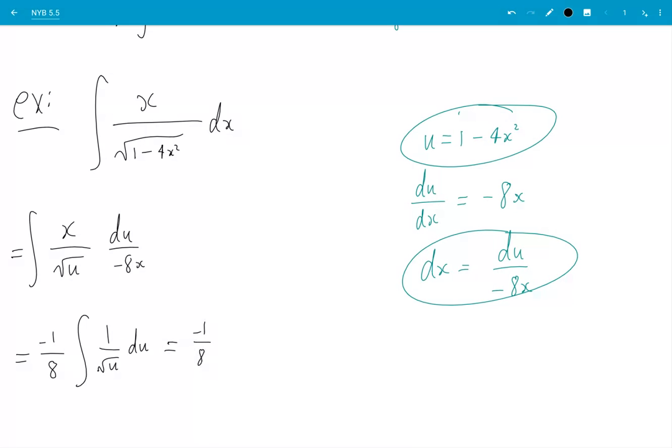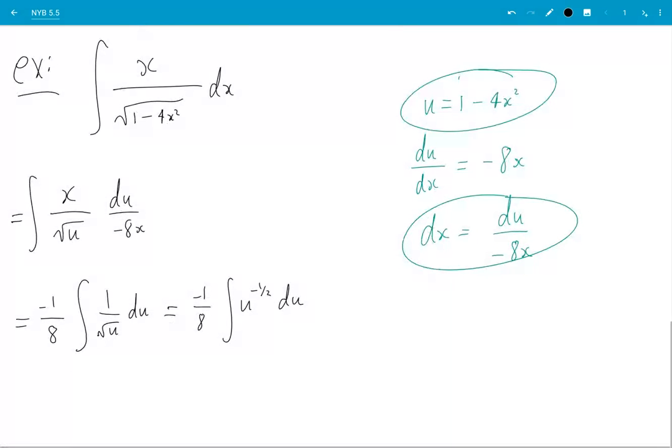Okay, I want to use the power rule. So I need a power. So I take the 1 over square root u, write it as u to the minus a half, and I continue on with my power rule. So what's that?